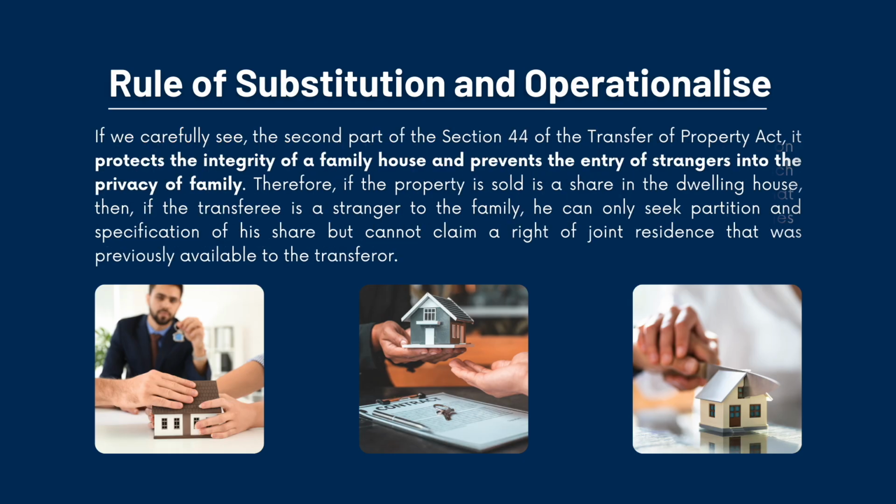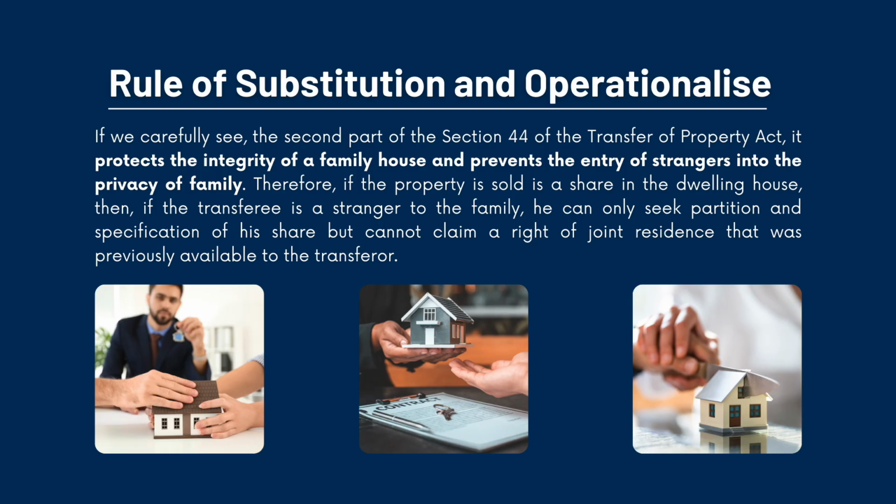and would also be accountable for any liabilities that the transferor was accountable for. If we carefully see, the second part of Section 44 of the Transfer of Property Act protects the integrity of a family house and prevents the entry of strangers into the privacy of the family.